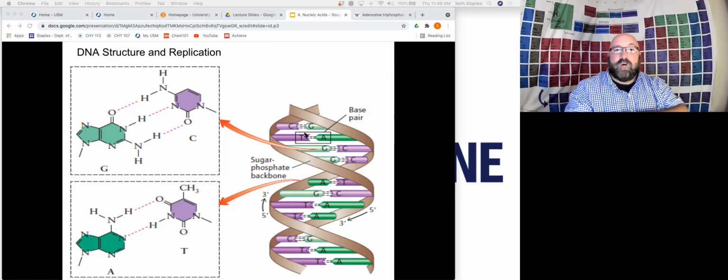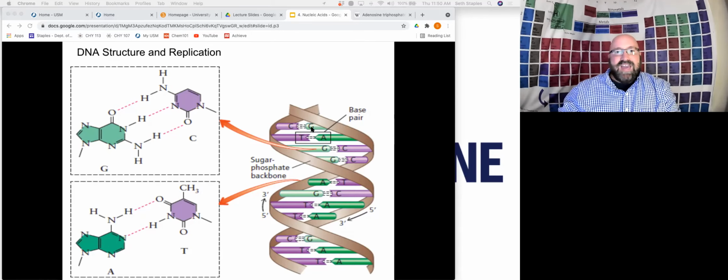DNA would not hold together in the way that it needs to without this hydrogen bonding. Some of what we talk about later on in this lecture, DNA replication, transcription and translation, can only happen because of the precise nature of a hydrogen bond. Fascinating stuff. I love talking about this because everything connects. That's what drew me to chemistry, these connections that happen.